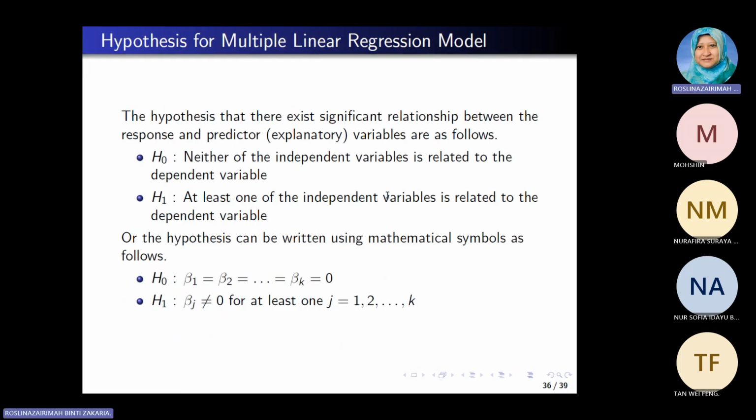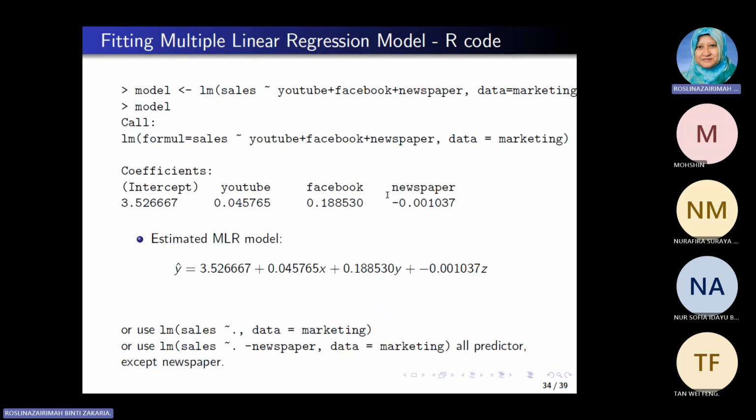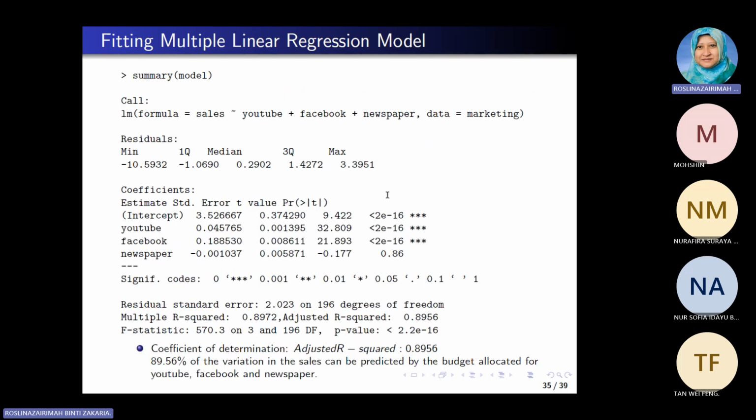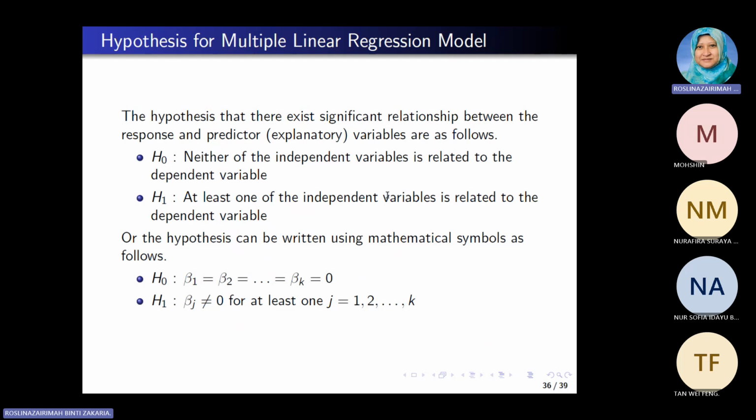Okay, so once we check the coefficient of determination, then we can test the hypothesis: is it really significant or not? So the hypothesis that there exists a significant relationship between the response and predictor or explanatory variables is as follows. H null: neither of the independent variables is related to the dependent variable, which means all the coefficients are zeros. The alternative is that at least one of the independent variables is related to the dependent variable.